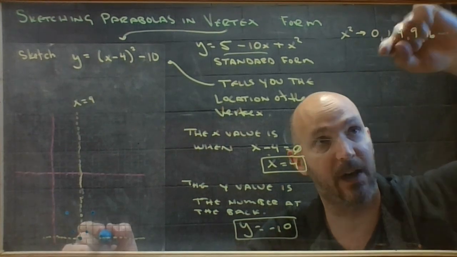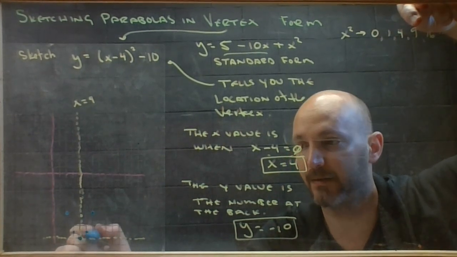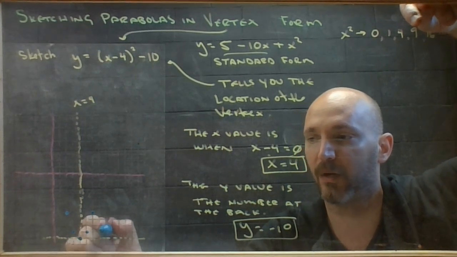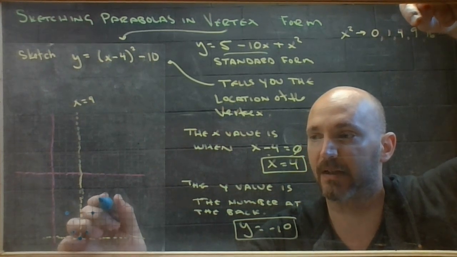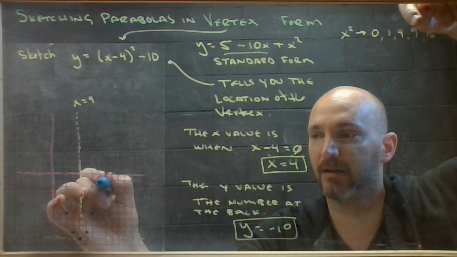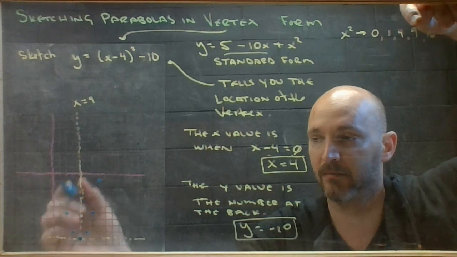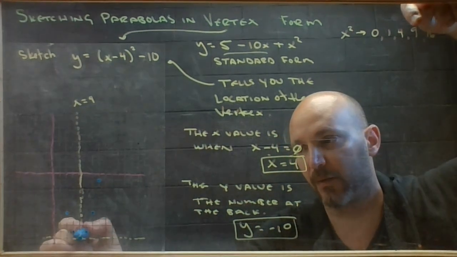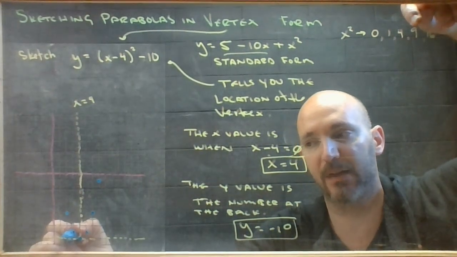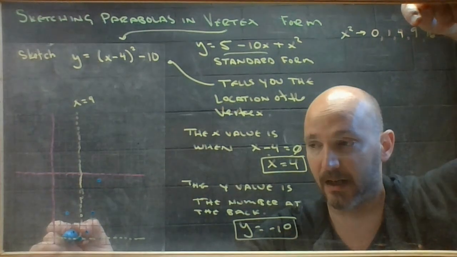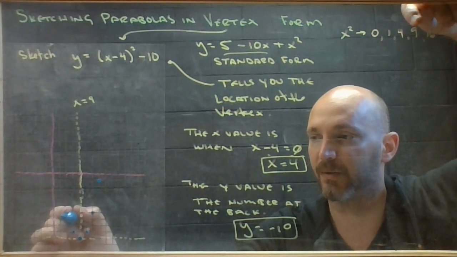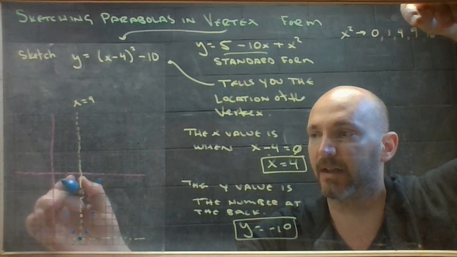3 steps to the right, I go to my next x squared value. 1, 2, 3. 1, 2, 3, 4, 5, 6, 7, 8, 9. Because 3 times 3 is 9. Same thing the other way. 1, 2, 3. Negative 3 times negative 3 is 9. 1, 2, 3, 4, 5, 6, 7, 8, 9.